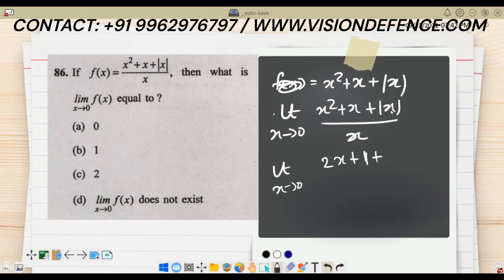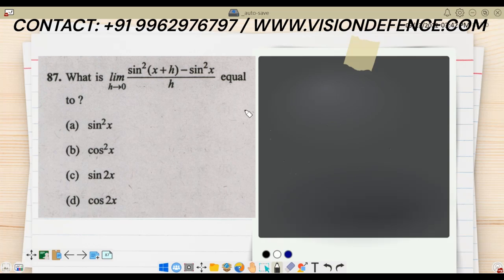Okay, there are two limits to this. This can be taken as a minus thing and a plus thing. So this is not a continuous function. Therefore, this is not differentiable, and therefore the limit does not exist at x equal to 0.